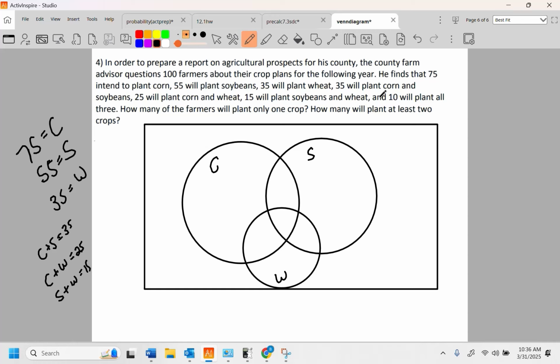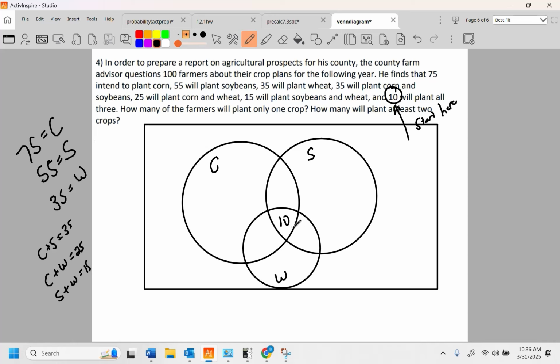And the most important thing is this: 10 all three. That's where you start. Start there. All right, now I can work my way back. The soybeans and wheat is supposed to be 15, right?